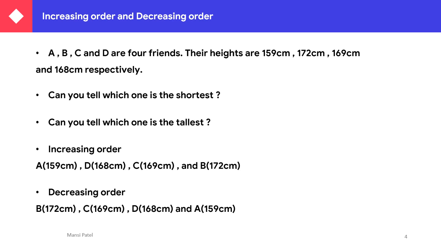So we can say here 172 is the biggest number. In increasing order, we have to write down first small number, then we have to write down the biggest number. Whereas in decreasing order, first of all we have to write down biggest number, then small, small and small number.